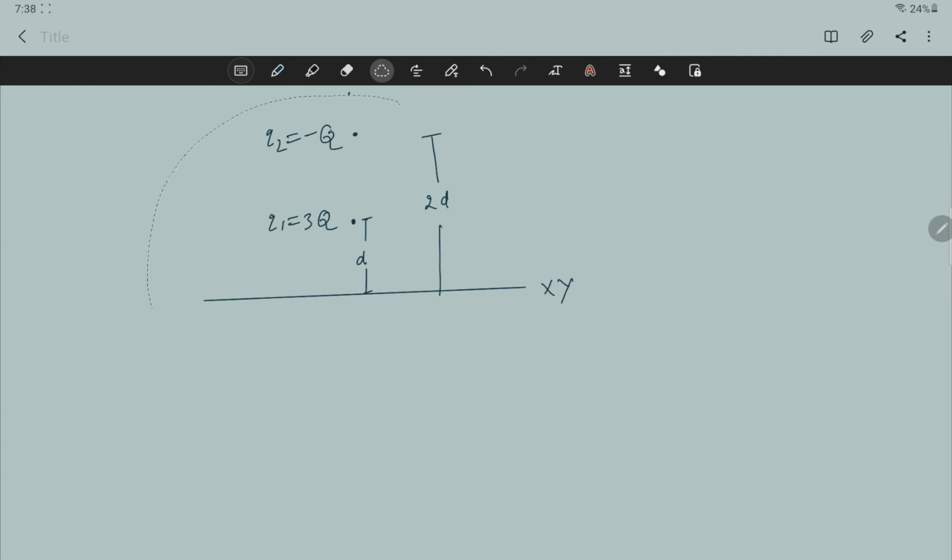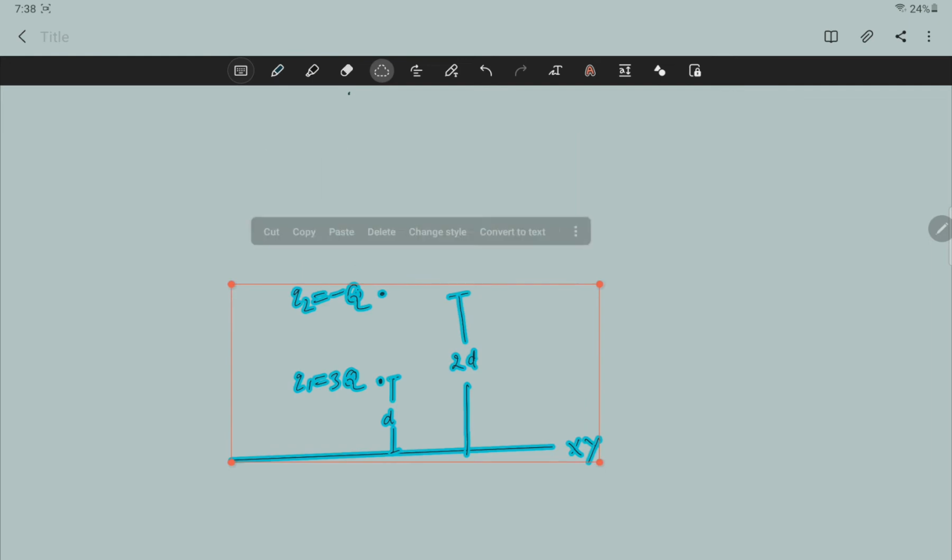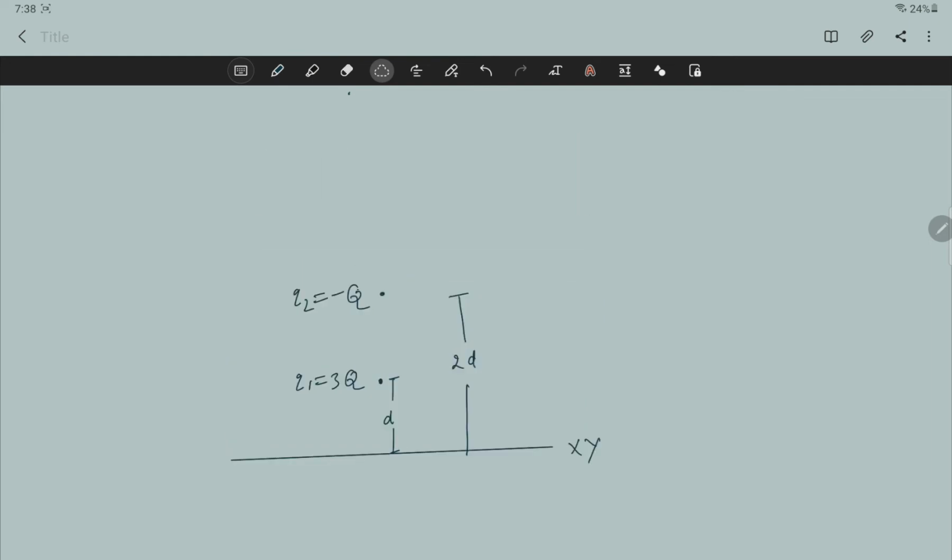Now the question says that at a large distance z along the z axis, at this point we have to calculate the potential. This is the infinite conducting grounded sheet.